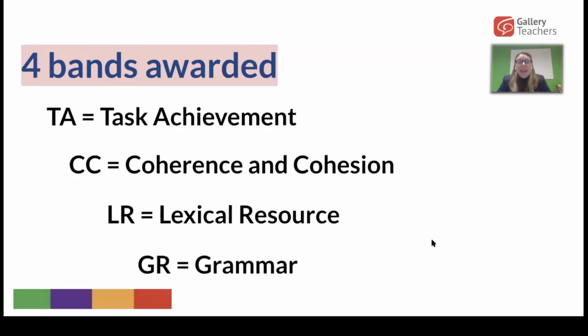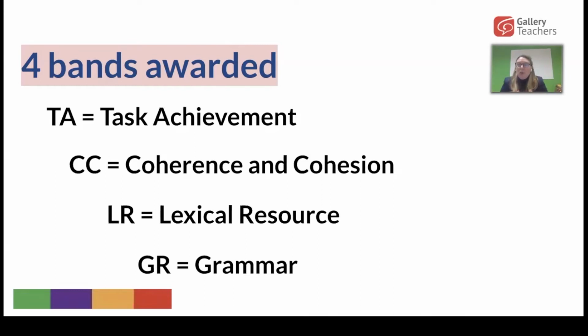All right. Now, we are going to look, as I mentioned, at the band descriptors in more detail, but this is essentially what they are. So task achievement, we can think of it in terms of how well the candidate has answered the task with which they have been presented. CC, coherence and cohesion: does the answer make sense?